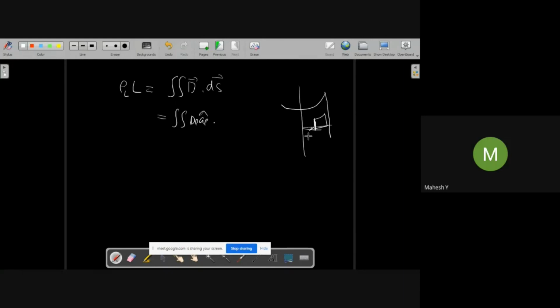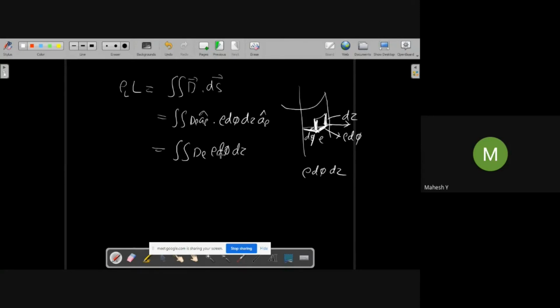This is d phi, this radius is rho, so this length will be rho d phi, and this height is dz. So dS is rho d phi dz a rho cap, radially outward as the area vector. So that will be the double integral of a rho cap dot a rho cap, which is 1, D rho into rho d phi dz.